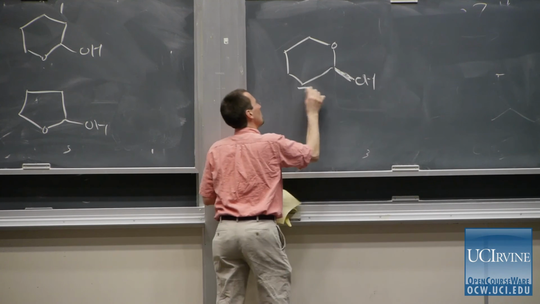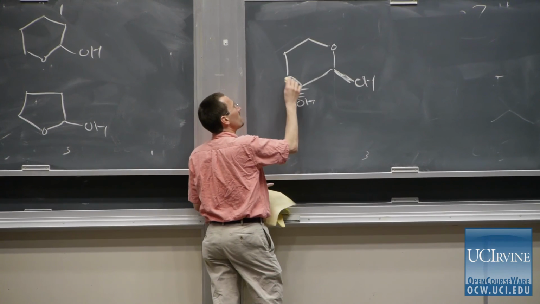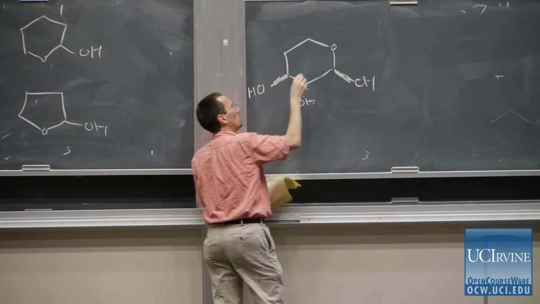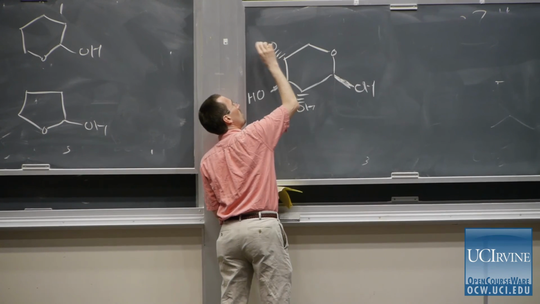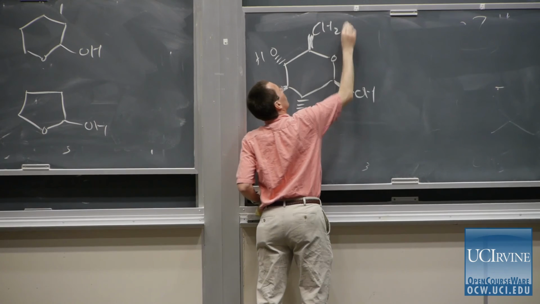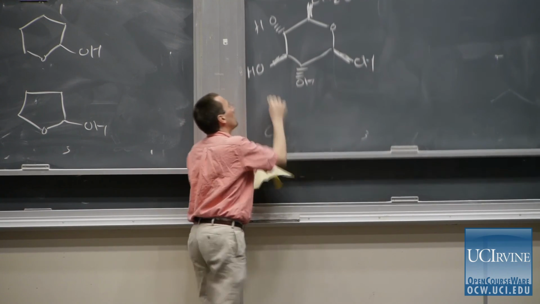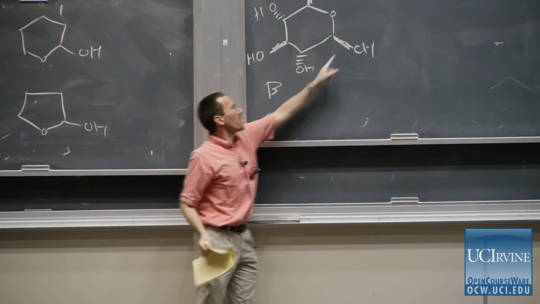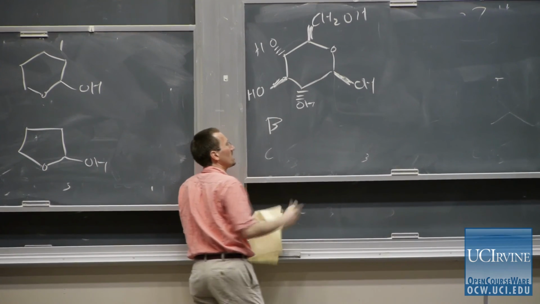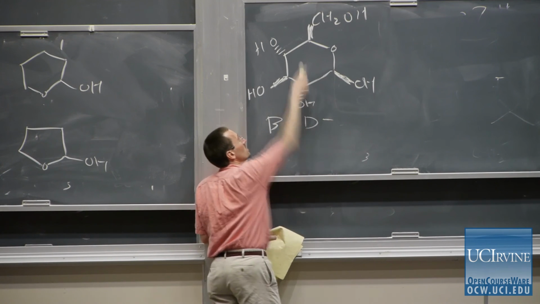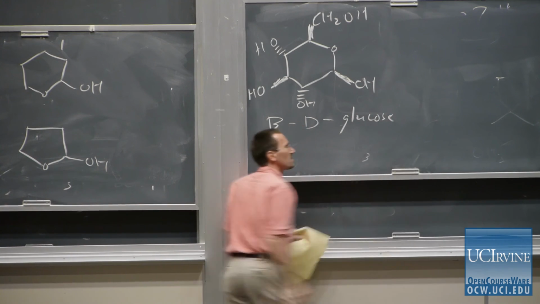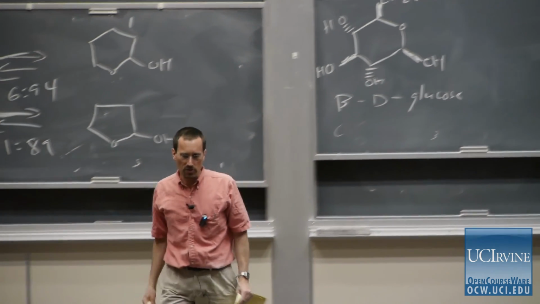So this molecule, with all of these hydroxy groups on it, is glucose, or more specifically what's called beta-D-glucose. Beta tells us about the stereochemistry at this position. The OH group is pointing out at us. D tells us about the stereochemistry up at that position. But the main thing is, this is a sugar that should be familiar to you.